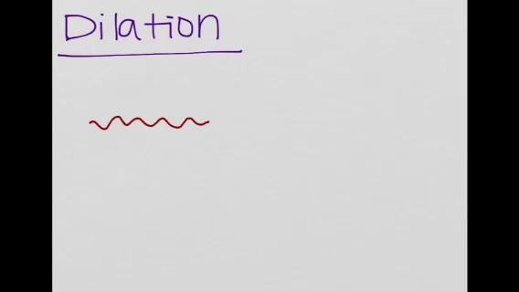Okay? The last one is a dilation. A dilation is just when you scale it up or when you scale it down. So let me copy this and paste it. Basically a dilation is when I take this and I move it here, and I scale it up. It's dilated. And I scale it down.